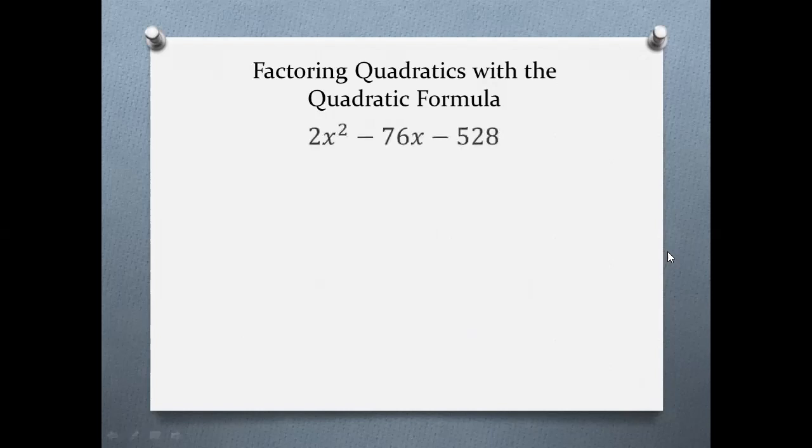All right, now let's consider this particular example. For this one, we have 2x squared minus 76x minus 528.